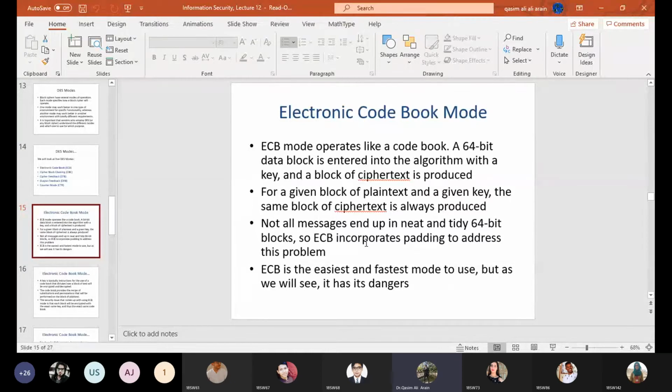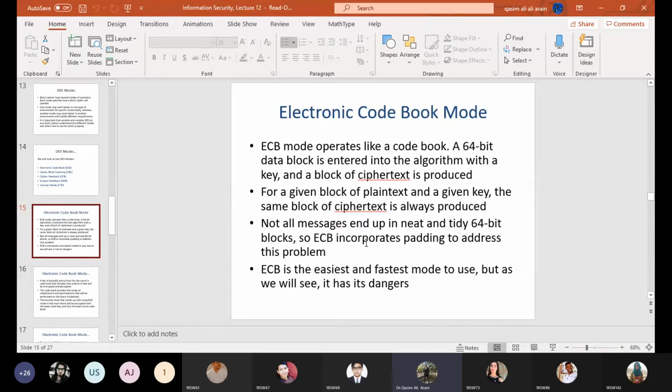Electronic Code Book mode. ECB mode operates like a code book. A 64-bit data block is entered into the algorithm with a key and a block of ciphertext is produced. Now try to understand the working of Electronic Code Book. The output you get in response is a 64-bit ciphertext.